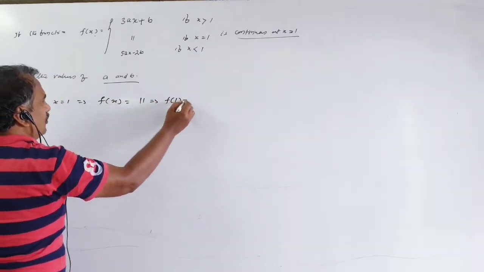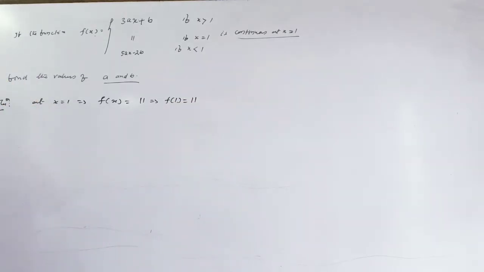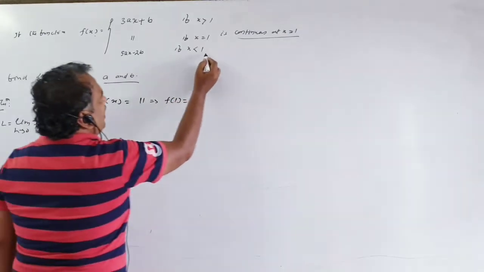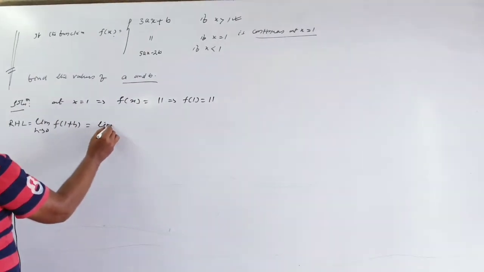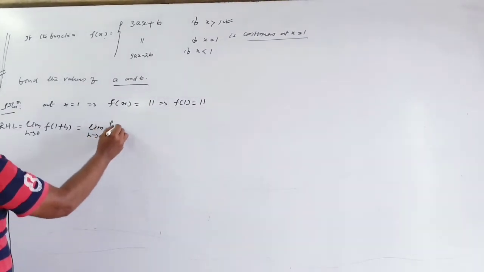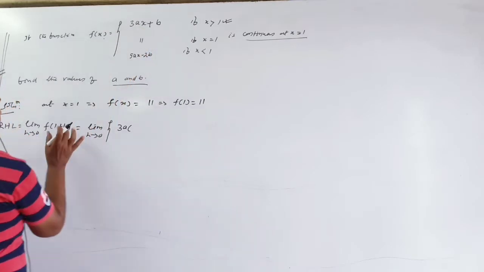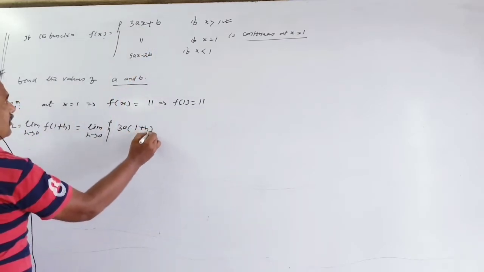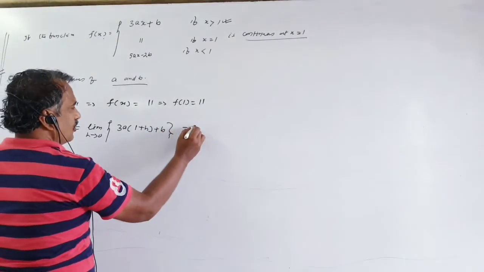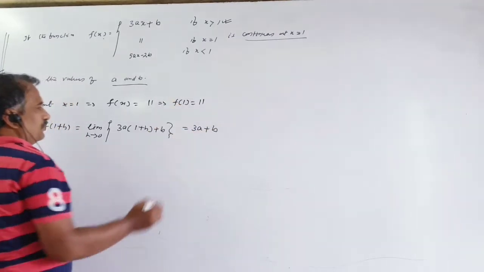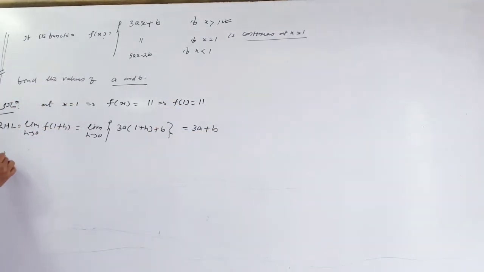So f of 1 equals 11. So the right hand limit equals the limit as h tends to 0 of f of 1 plus h. Here x is greater than 1, so we use this one: 3a into (1 plus h) plus b. When h tends to 0, this is 3a plus b.